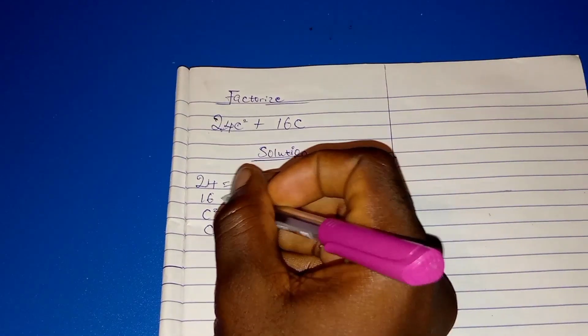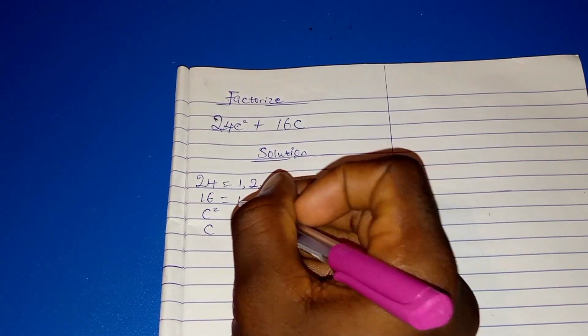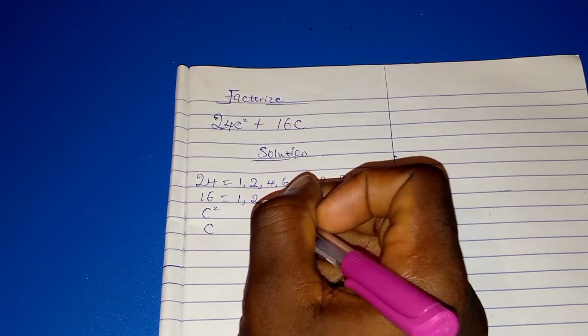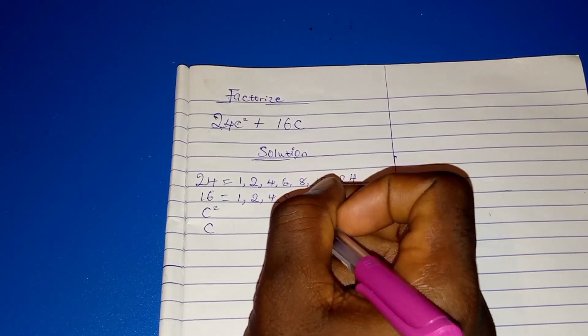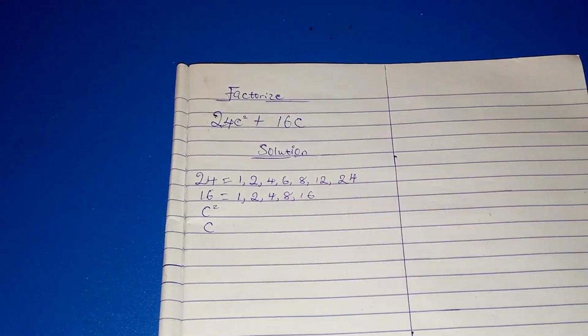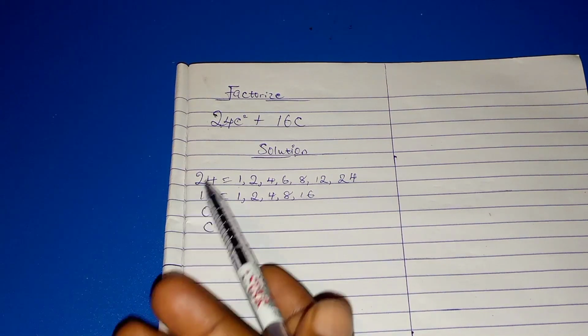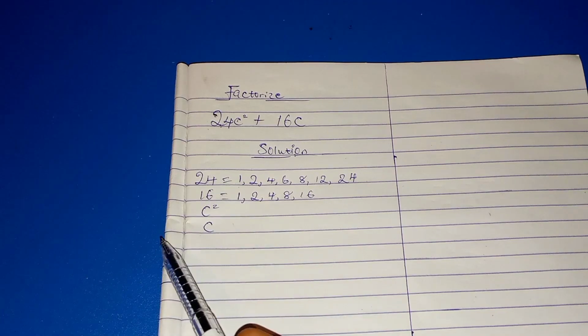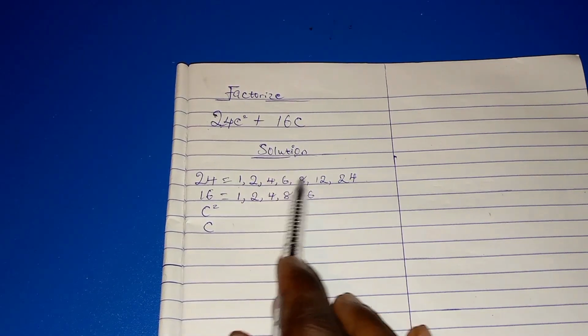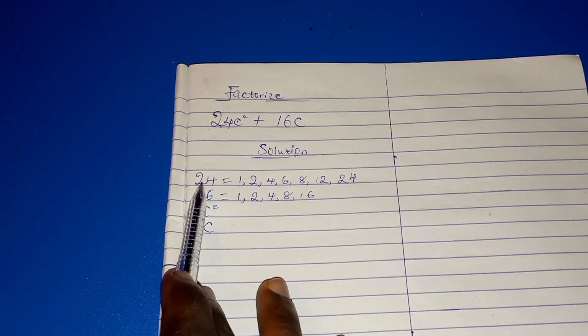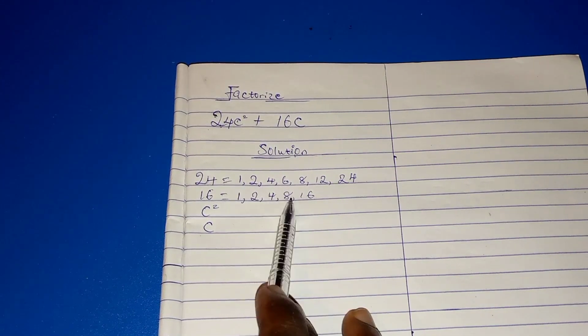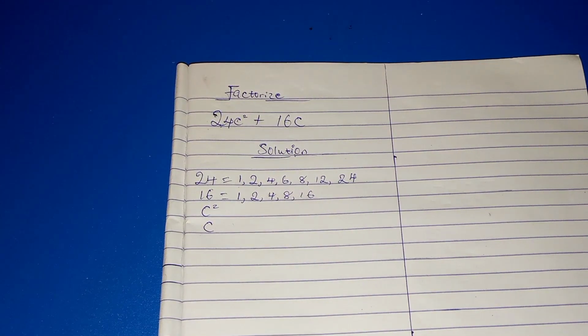The factors of 16 are 1, 2, 4, 8, and 16. There are some numbers which have many factors. For example, 24 has seven factors, while 16 has five.